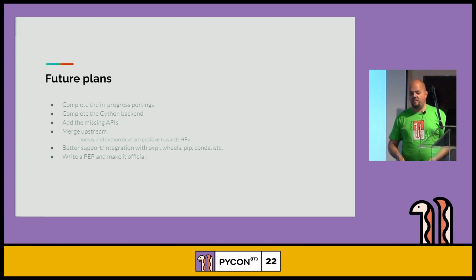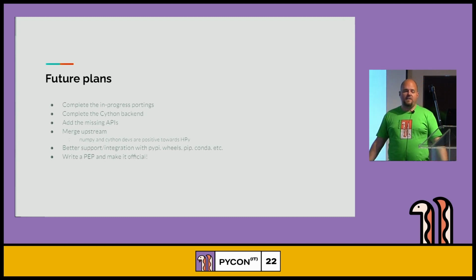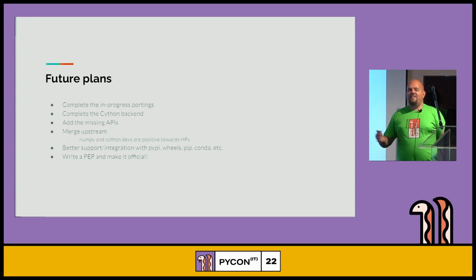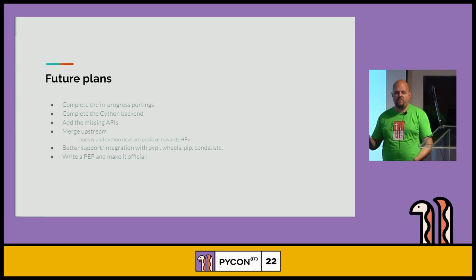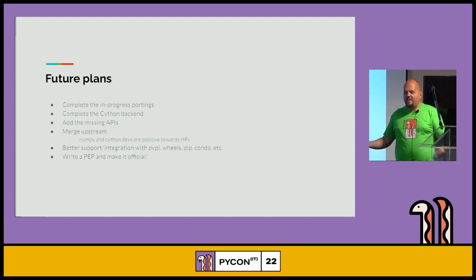We want to complete Cython, add the missing APIs, and ask the libraries to merge our work upstream, but we have talked to them already, and the NumPy developers are very positive about hpy, because they also agree that the current situation with extensions is a problem. And also the CPython core developers in general have a positive view of it.